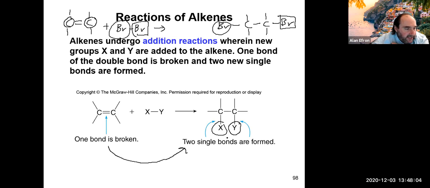And as you can see, one of the things is added to one carbon in the double bond, and the other guy is added to the other carbon. They're never added to the same carbon. So when that double bond breaks to become a single bond, one guy goes to one carbon, the other one coming in goes to the other carbon. So, they never end up on the same carbon. Any questions on that?